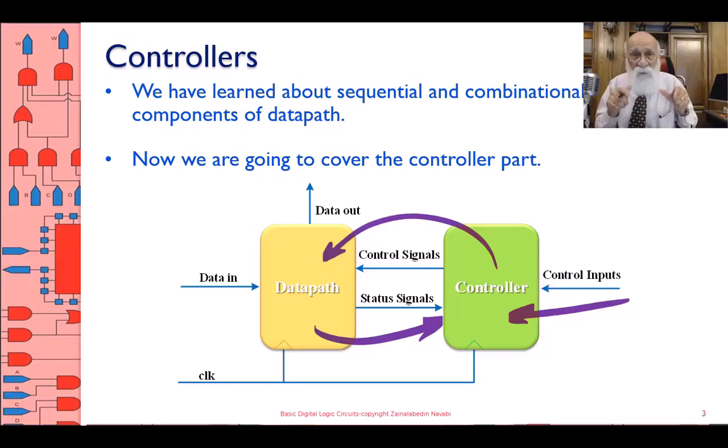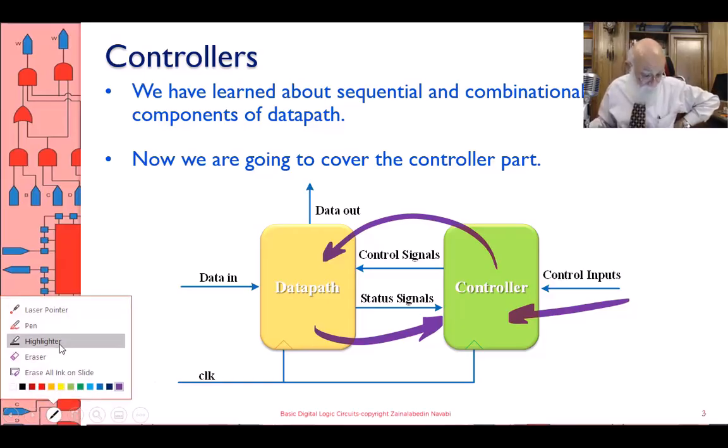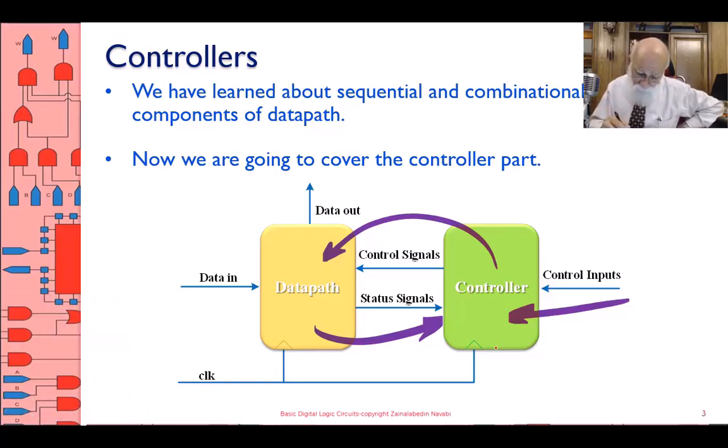So a controller is a state machine, a finite state machine. Finite means that there are a fixed number of states. So a controller is a complex finite state machine.